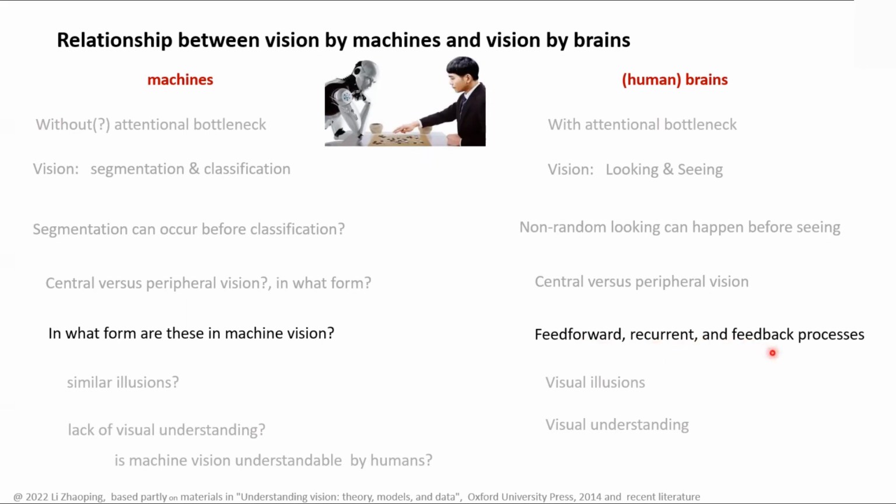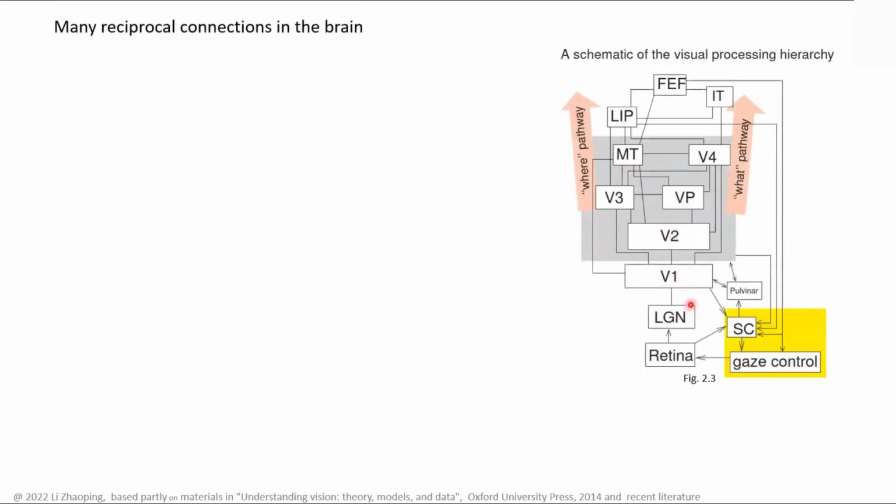Feed-forward, recurrent, and feedback processes. Many reciprocal connections in the brain, as I mentioned, in this diagram where we have retina, LGN, V1, V2, V3, V4, VP, and a lot of these connecting lines. Where I have an arrow, that means this is just feed forward.